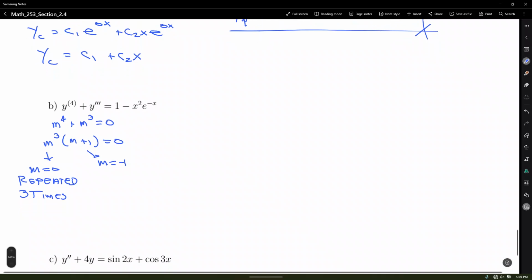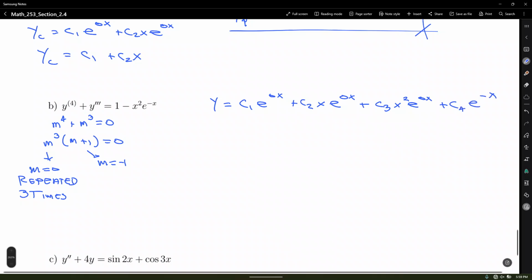So that means the solution to the differential equation would be y equals, again, c1 e to the 0x plus c2 x e to the 0x, and then because it's repeated 3 times, c3 x squared e to the 0x, plus c4 e to the negative x.